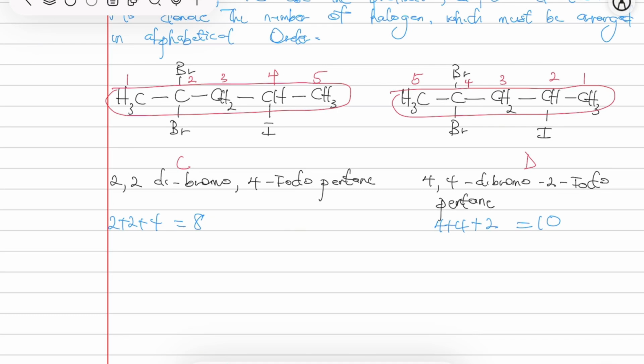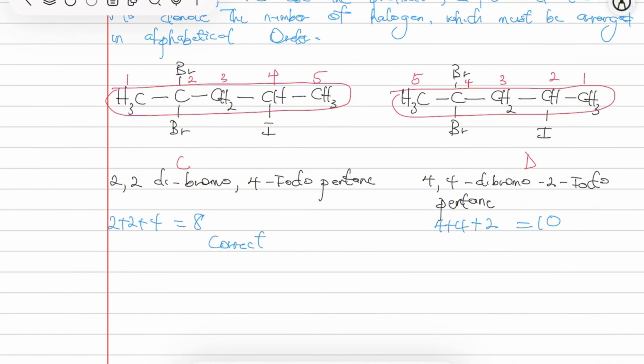But in compound D, which is 4 plus 4 plus 2, will give me the total sum of the substituents to be 10. Therefore, the correct nomenclature of this compound is 2,2-dibromo-4-iodopentane.